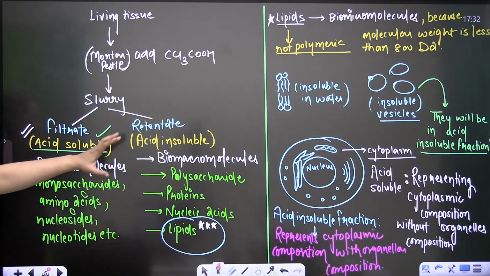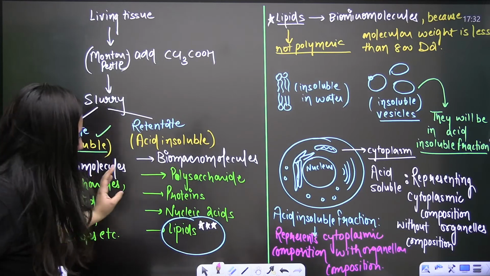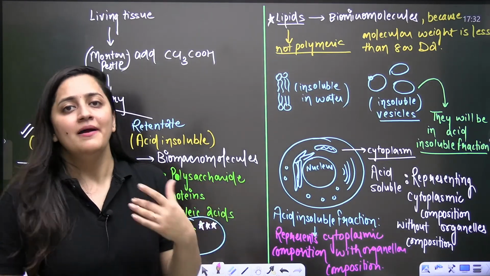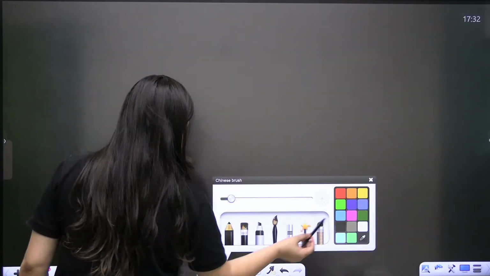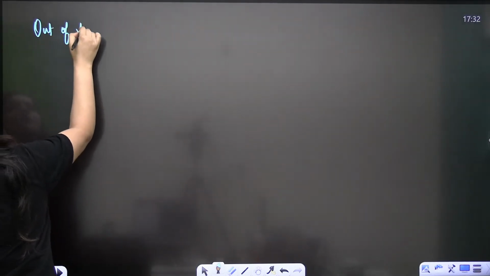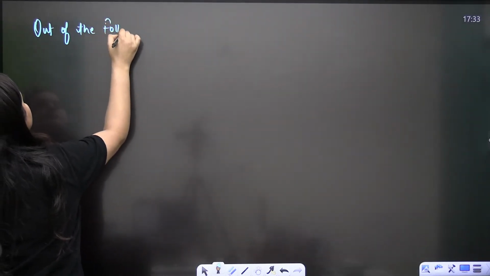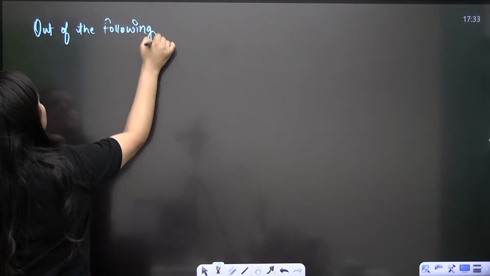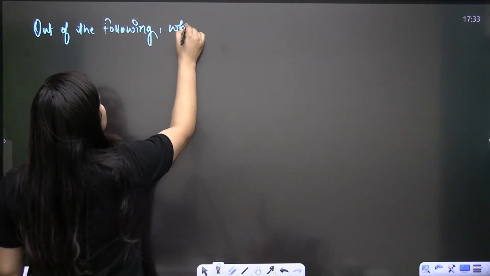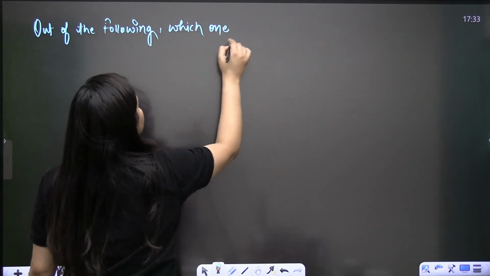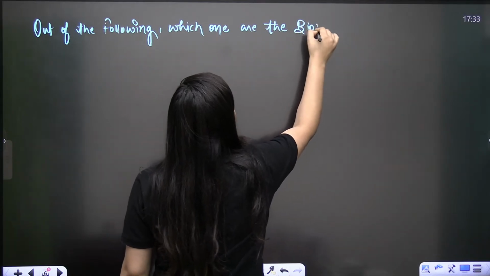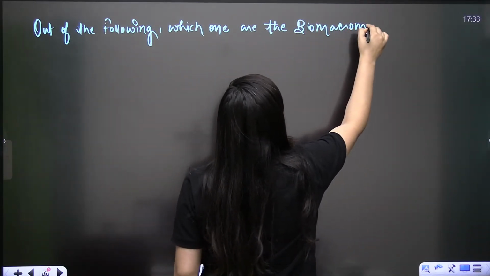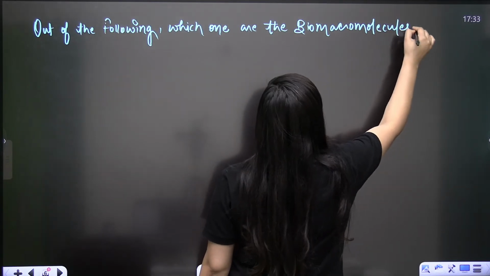So this is about the filtrate, the retentate, the bio micromolecules, and the bio macromolecules. Clear? So now I'll ask one question. Out of the following, which ones are the bio macromolecules? Okay, I'm giving you this question.